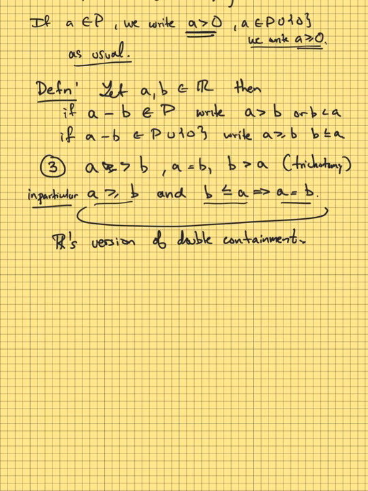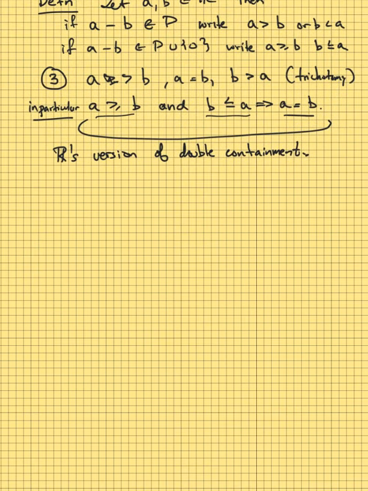Okay, so maybe I'll write down familiar properties and prove one more lemma and then do this next lecture. So here are some familiar properties. The first is that A is greater than B, and B is greater than C implies A is greater than C, so we get transitivity.